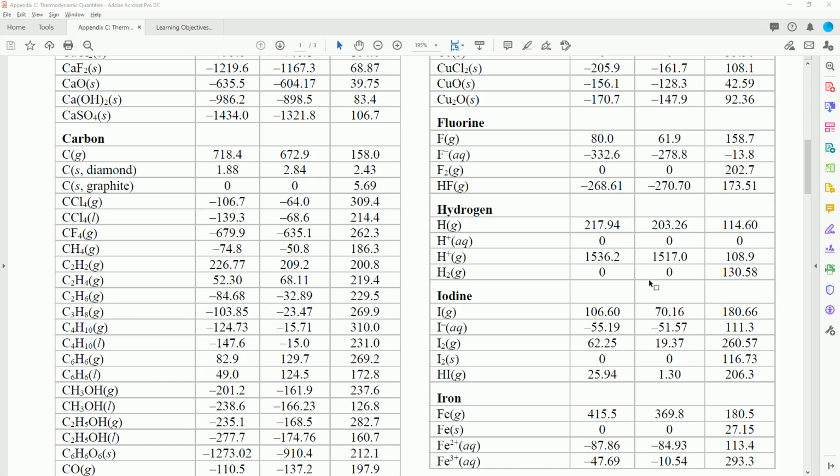So hydrogen 0, 0. And our entropy is 130.58. And so our next column is fluorine. So there's fluorine 0, 0, and 202.7. And then for HF, we've got 3 terms here, negative 268.61 kilojoules per mole.